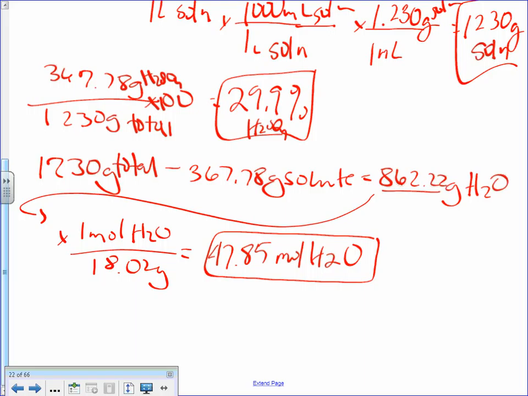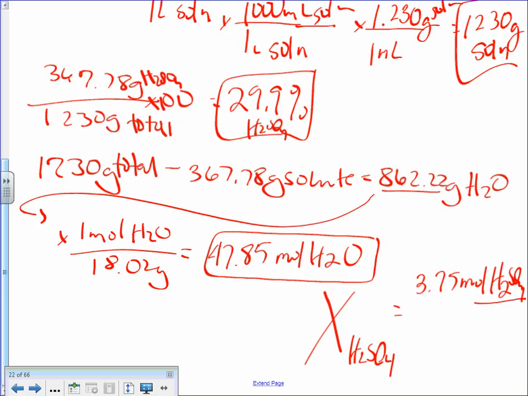Then how do you do mole fraction? The mole fraction of sulfuric acid is 3.75 moles, the initial moles of sulfuric acid, over the total summative moles: 47.85 moles plus 3.75 moles.